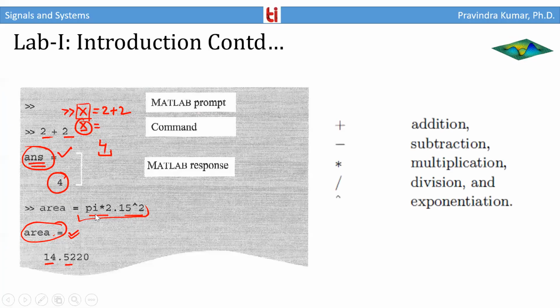Here you can see for addition you will use the symbol plus, for subtraction you will use minus, for multiplication you will use this, and for division and for exponential, or you can say power, you will use this command.